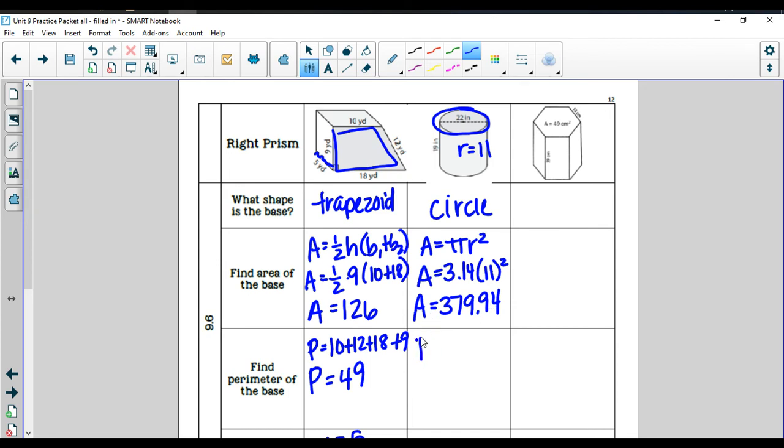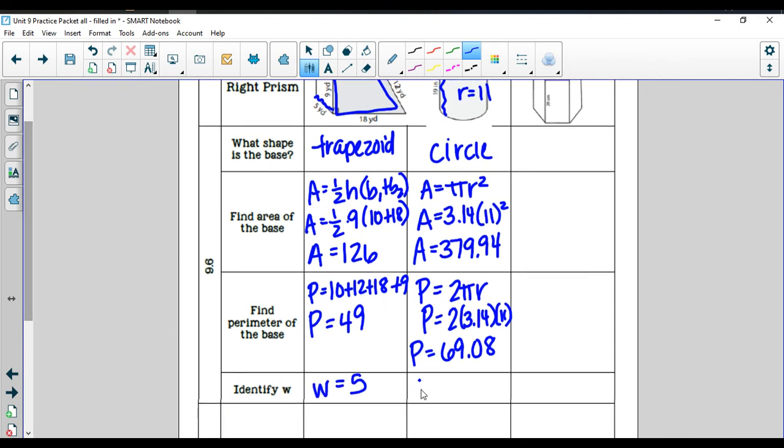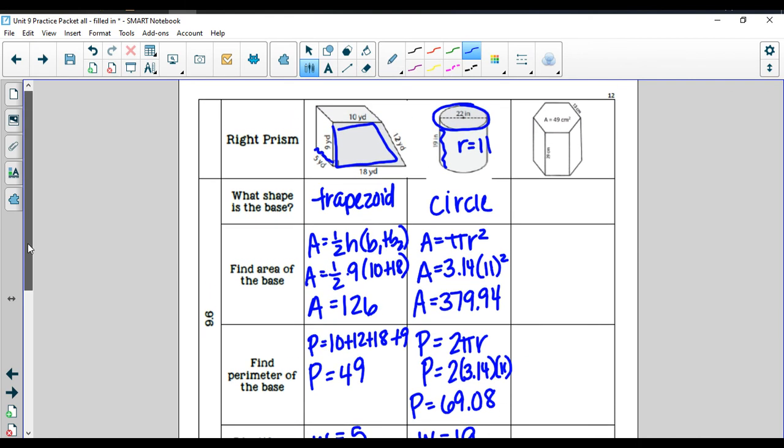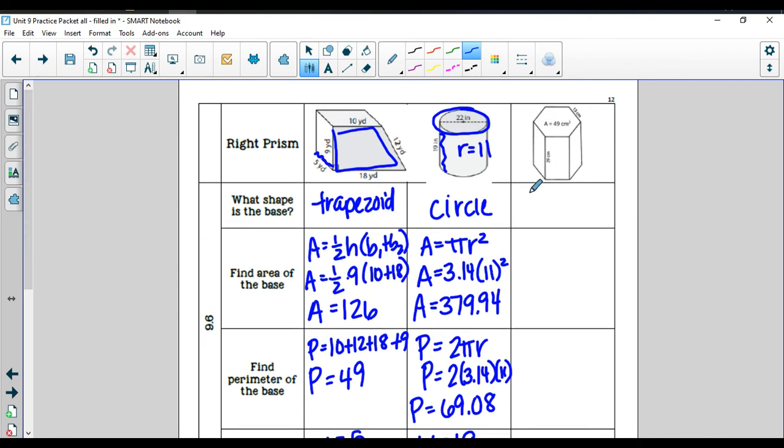My perimeter is going to actually be circumference, which is 2 pi r. So 2 times 3.14 times 11, which will give me a perimeter of 69.08. Circle on the top, circle on the bottom. What's connecting them together? That happens to be that 19 inches that's right there. So W is 19.